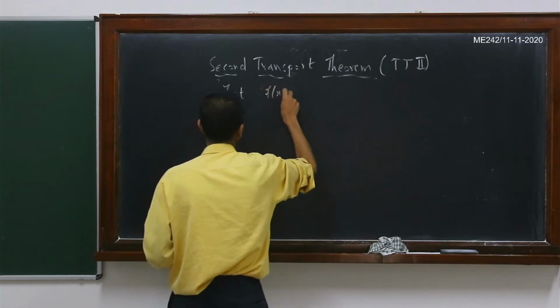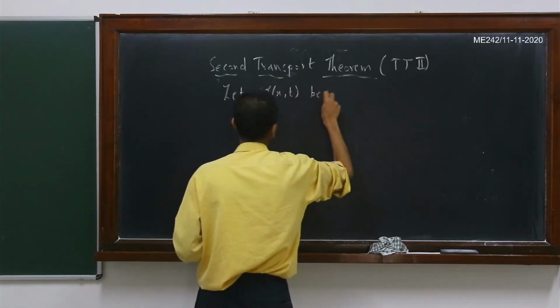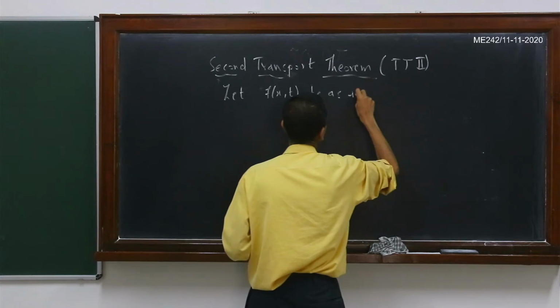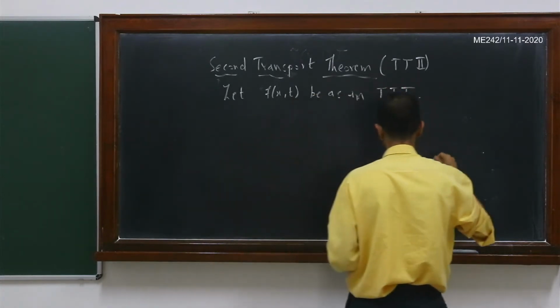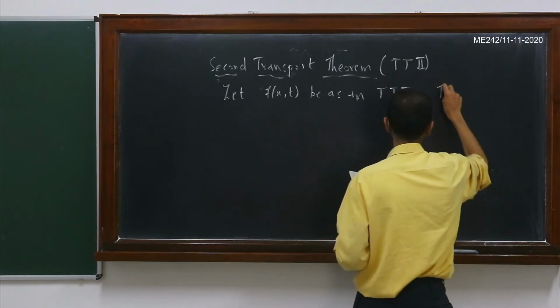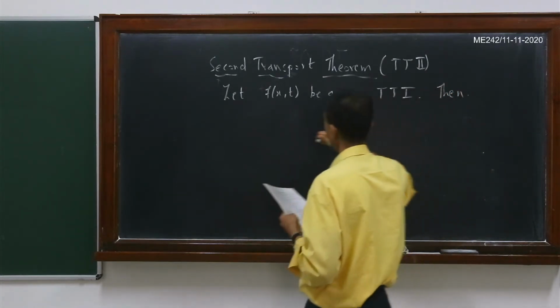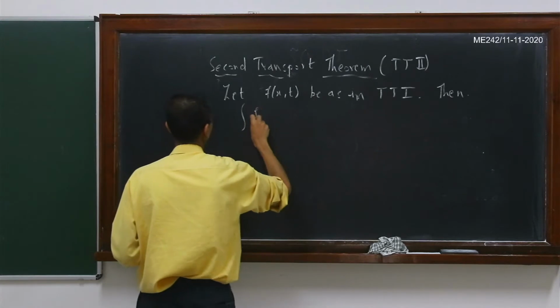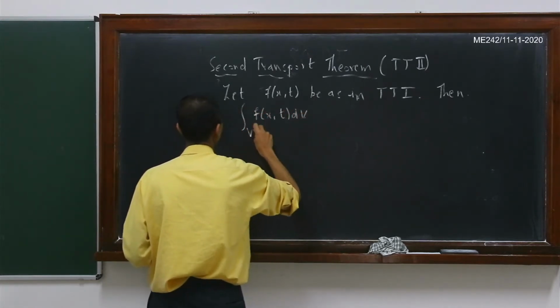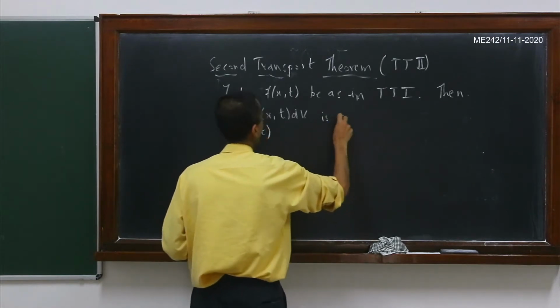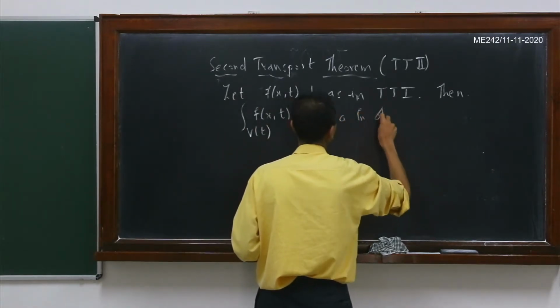So let f of x, t be as in TT1. Then the integral of f of x comma t dv over v of t is a function of time.